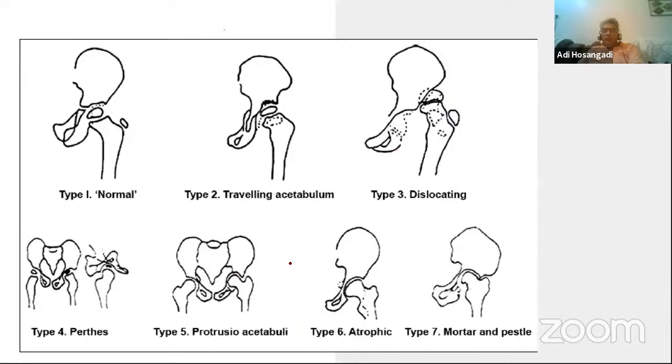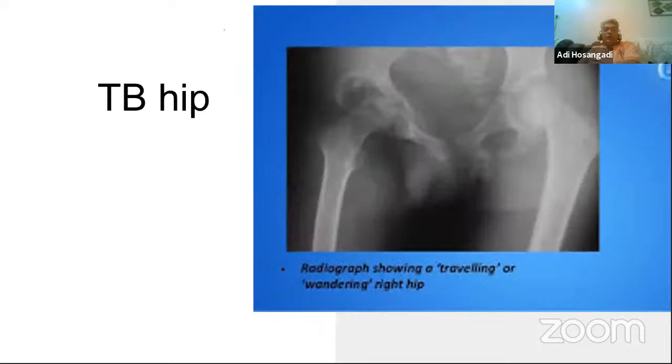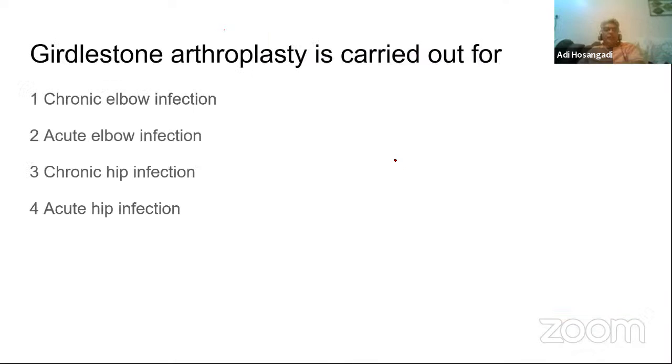Okay, this is one random picture I have picked. This can be traveling or wandering acetabulum, where the head wanders inferiorly, superiorly, anteriorly and posteriorly, but it is called wandering acetabulum, right?